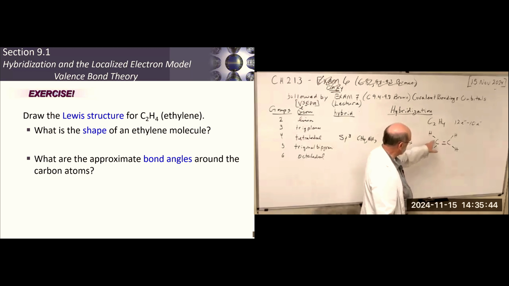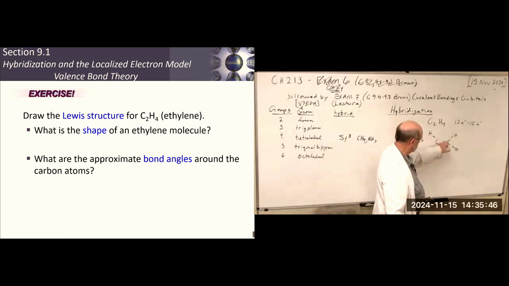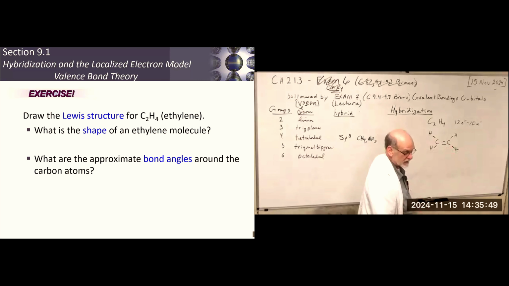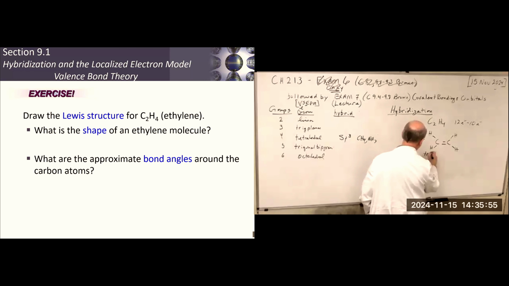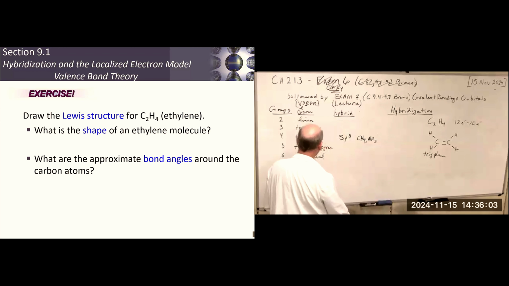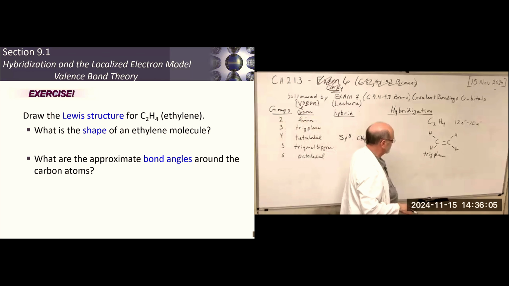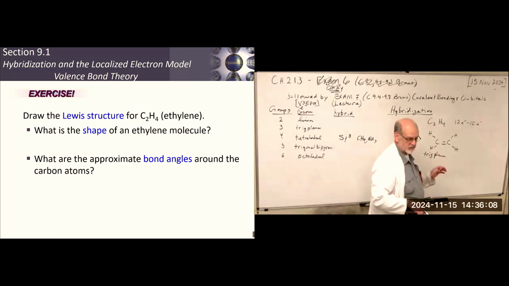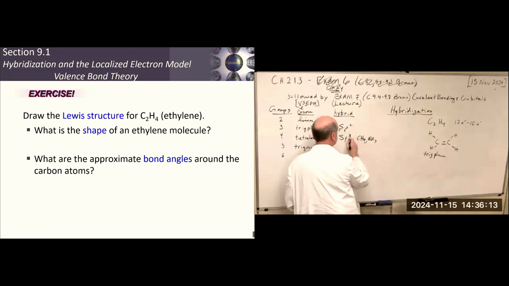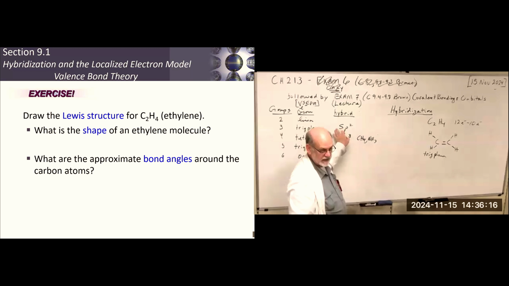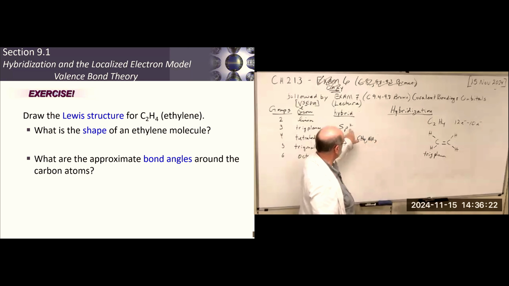Now we can determine the symmetry around the carbons. 1, 2, 3, 1, 2, 3. So it's the same for both of them. We have 3 groups, right? It's trigonal planar around this one and trigonal planar around that one. Trigonal planar means you only need 3 hybridized orbitals, right? So that means sp2. We're only going to use 2 of the p's with an s to make the symmetrical trigonal planar hybrids.